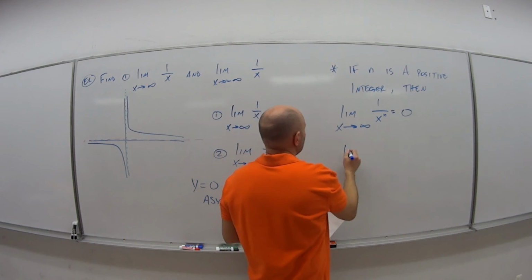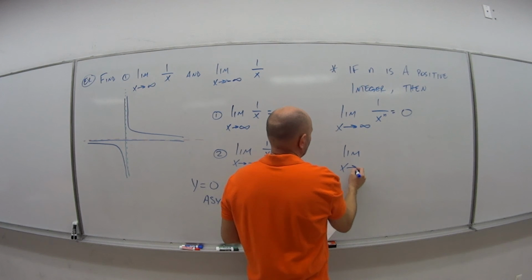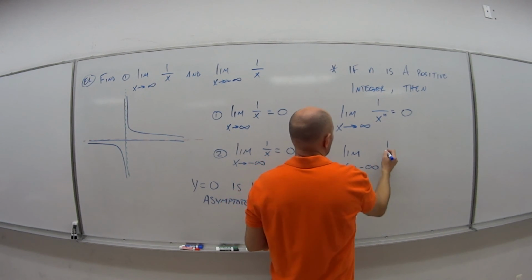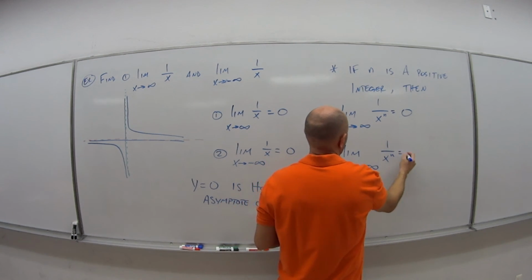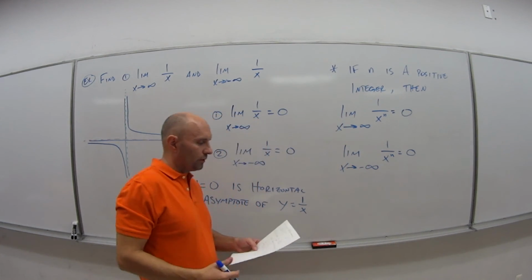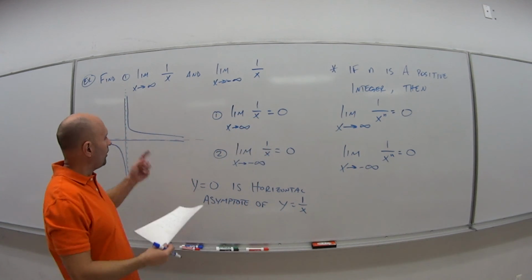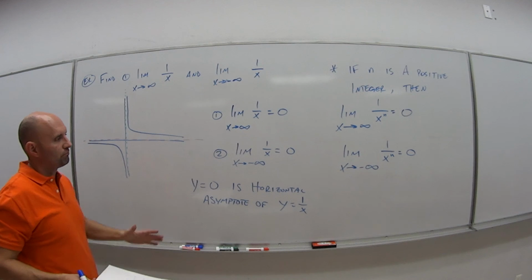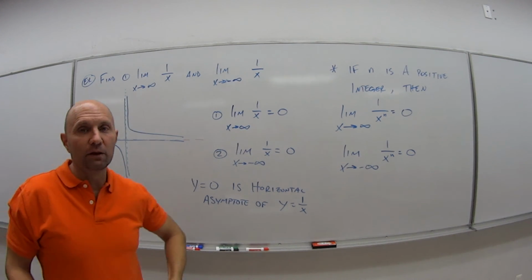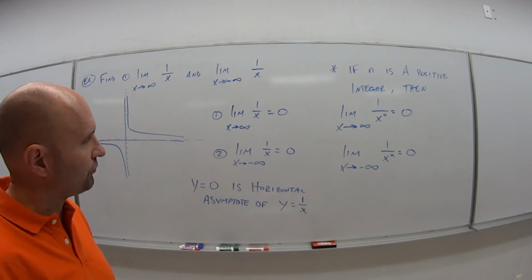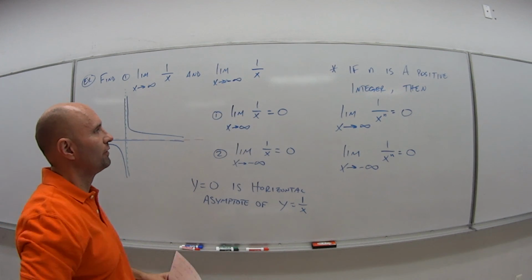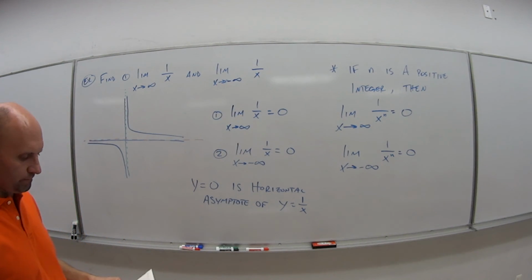And similarly, the limit as x approaches negative infinity of 1 over x to the n is also 0. All it's going to do is make these curves get bigger or smaller a lot faster, but they still have their limits going to 0.